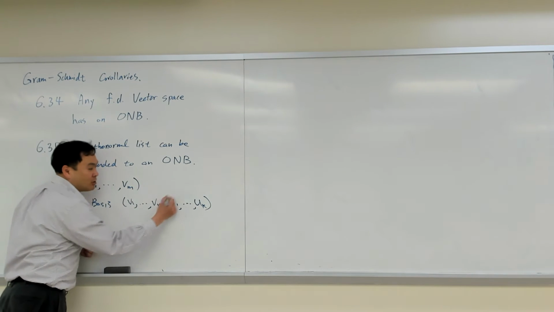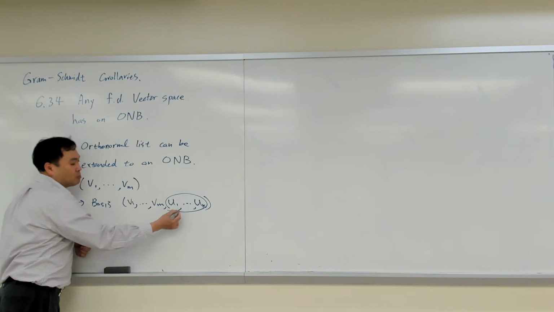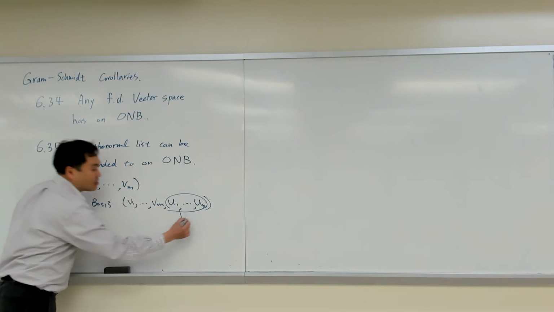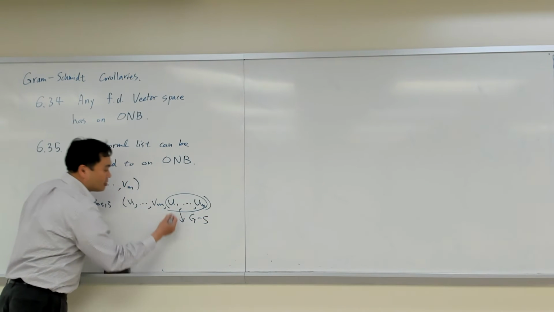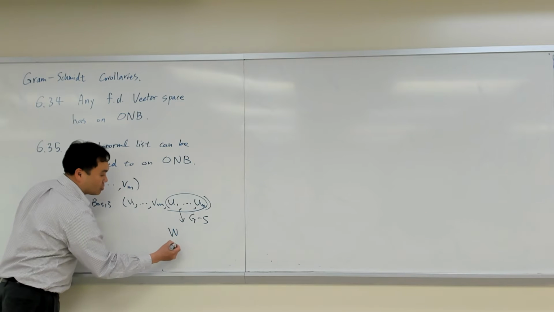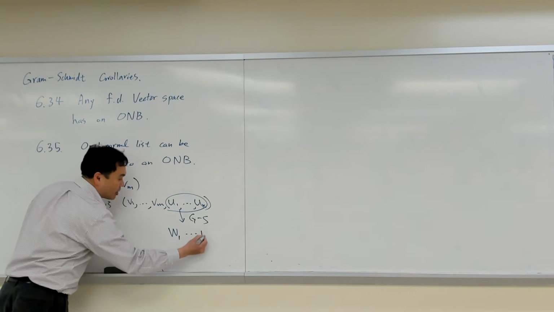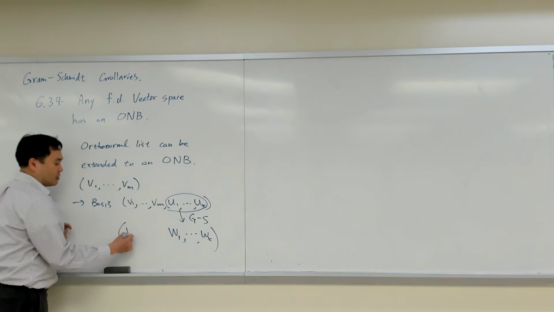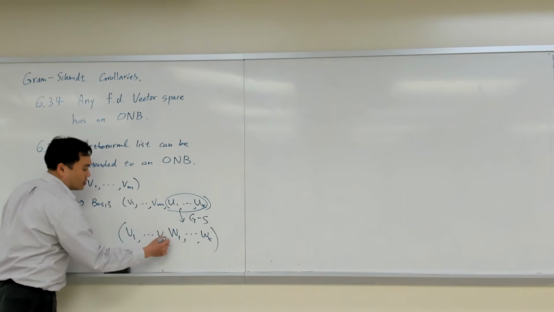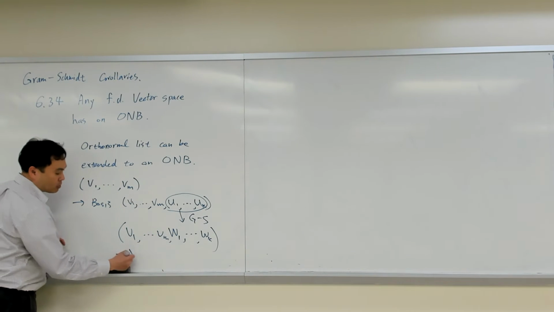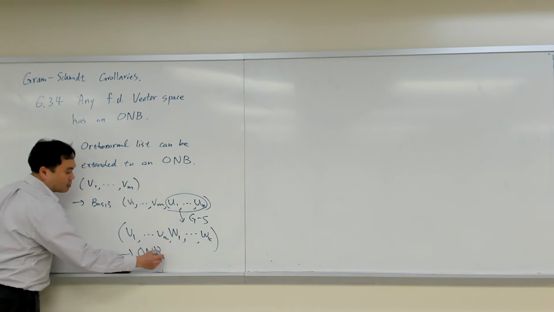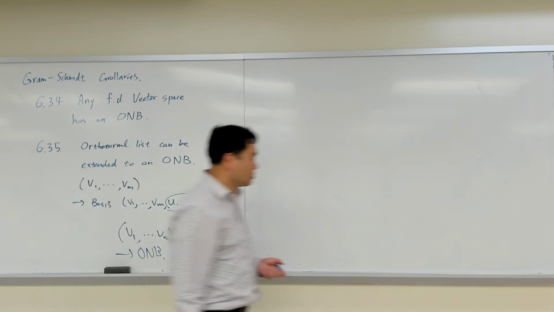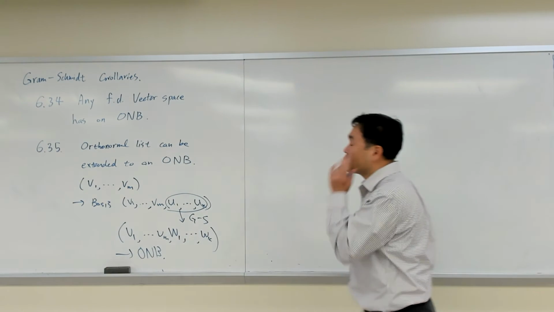But these portions will, by the process of Gram-Schmidt, become W1 through Wk, so that this entire thing is now an orthonormal basis. So that's a simple corollary of the Gram-Schmidt procedure.